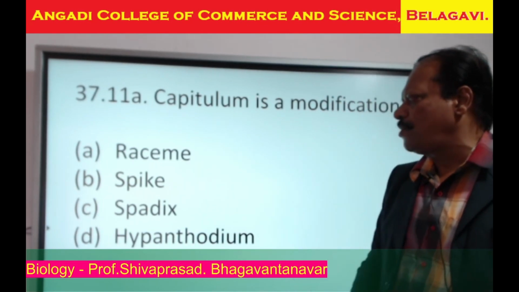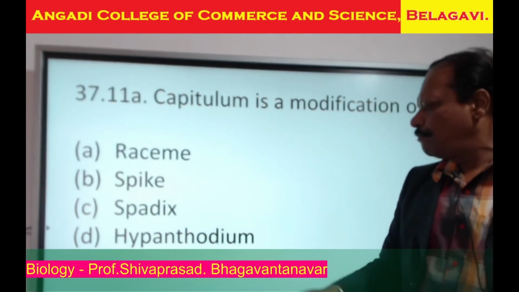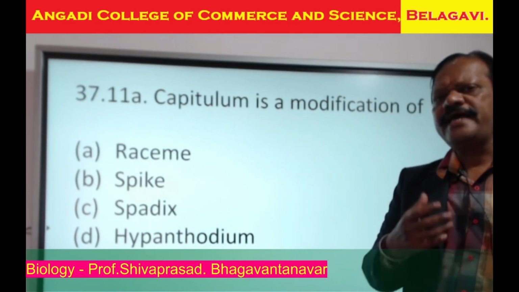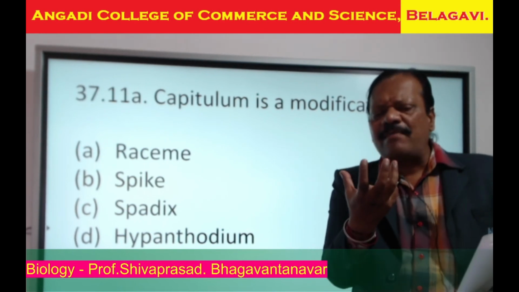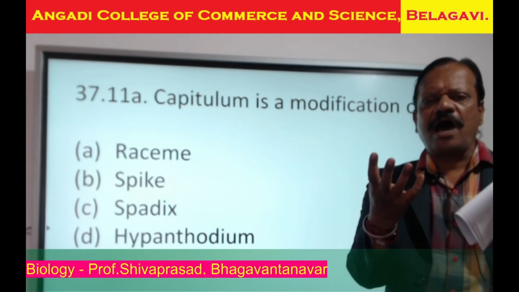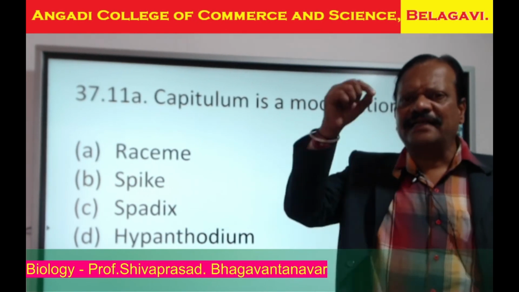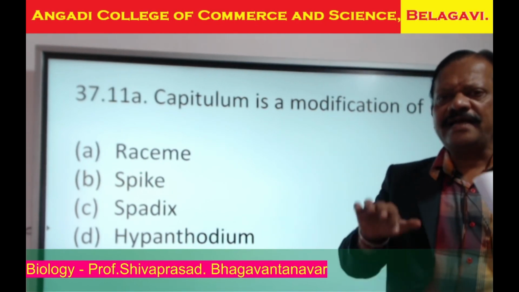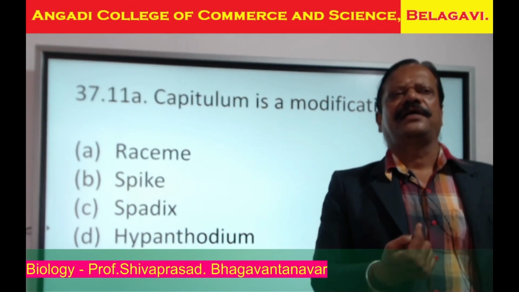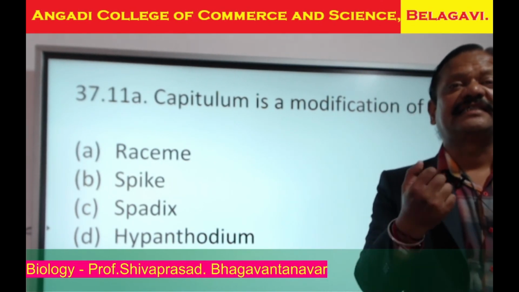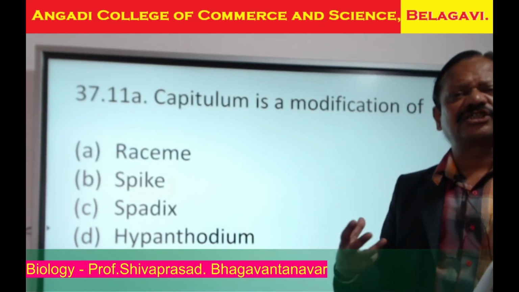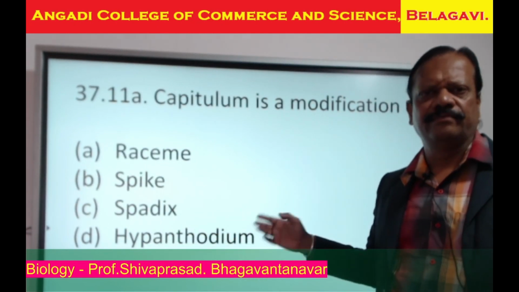Already I explained about the spike and the spadix, but here Hypanthodium: the thalamus extends and is fleshy, forming a fruit-like structure with an opening at the tip. When we break it open, inside you can see many flowers, sometimes along with insects. Such a fleshy thalamus structure you call Hypanthodium.